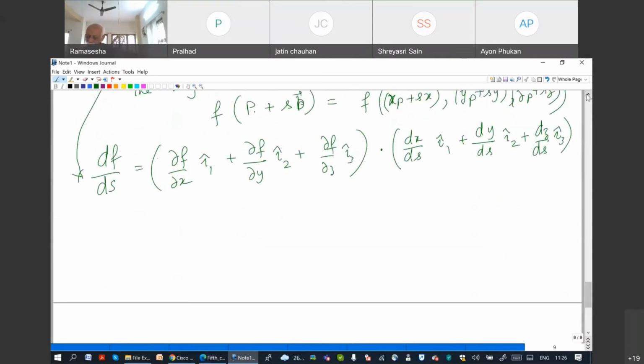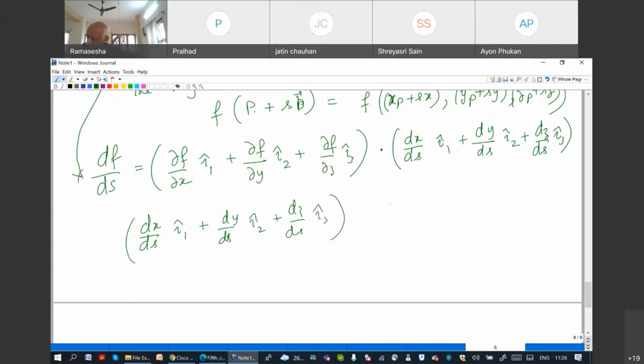So what does it mean? Let us see what dx by ds times i1 plus dy by ds times i2 plus dz by ds times i3 is, given that the vector rs is equal to r naught plus sB, or rp plus sB, or rs or rq, whatever you want to take.